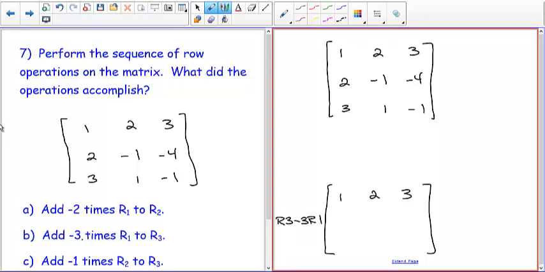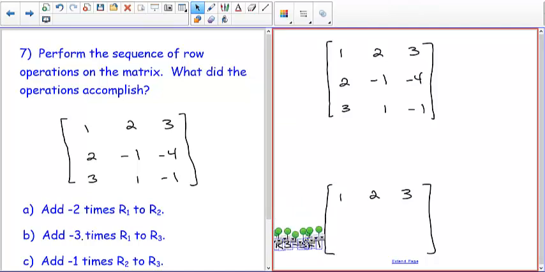That's row 3. And then you have this one here, which is row 2 minus 2 times R1. That's what they're saying.